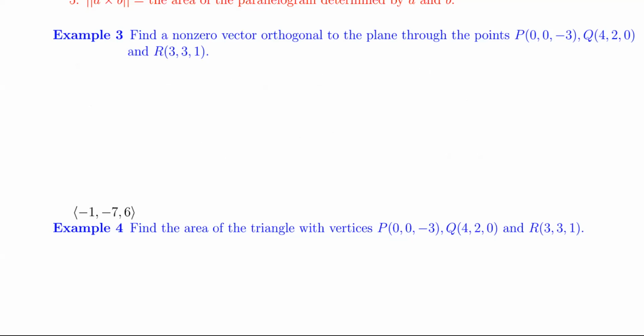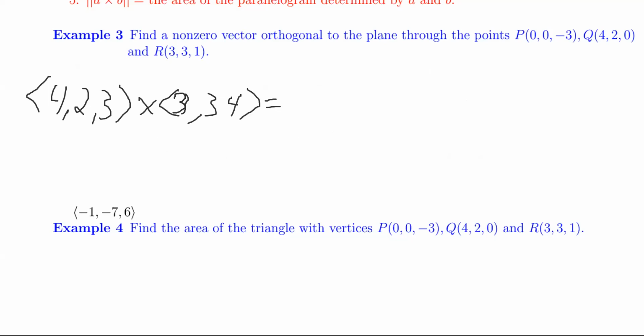We have the vector 4, 2, 3, and we want to cross this with the vector 3, 3, 4. So let's do that. To do this cross product, this is i, j, k. Then we put a 4, 2, 3 here and a 3, 3, 4.